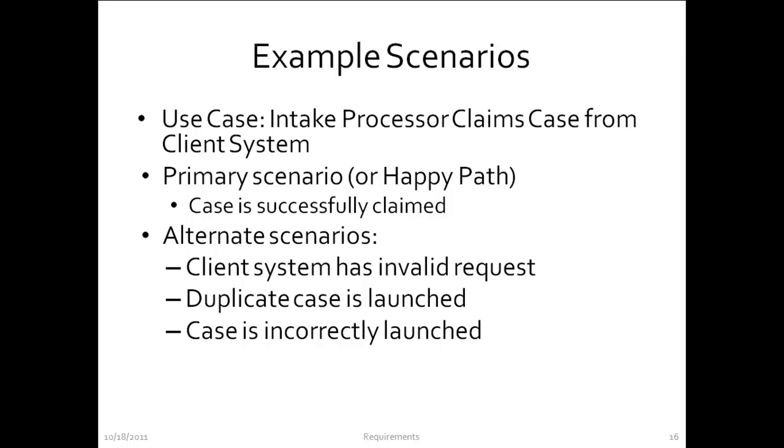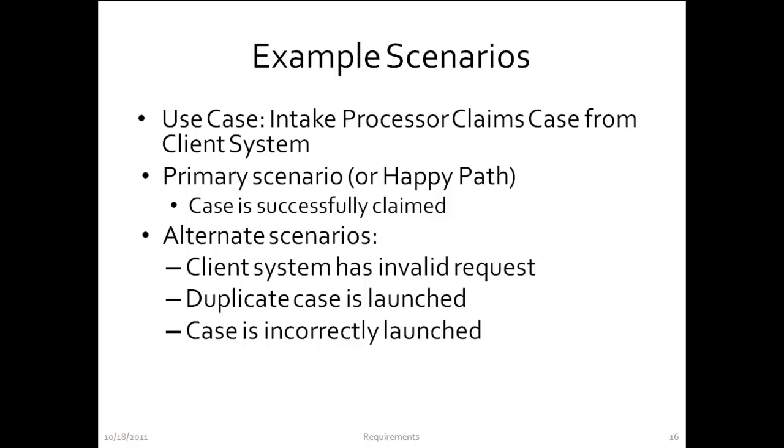That request shouldn't be claimed twice by the processing system or by the law firm, because that would mean the processing would end up being done twice. Another alternate scenario would be that the case that was claimed did not have the right data, so the case was incorrectly launched.